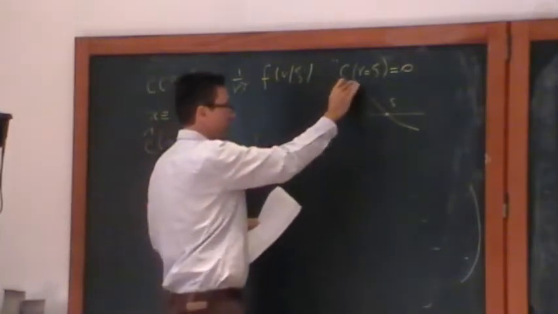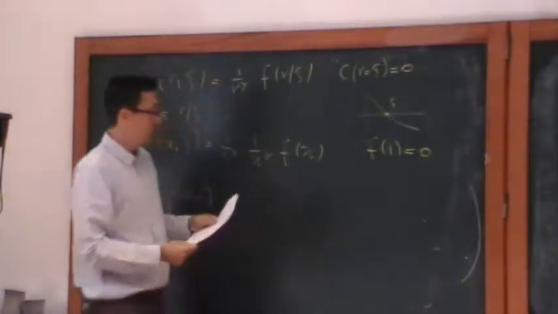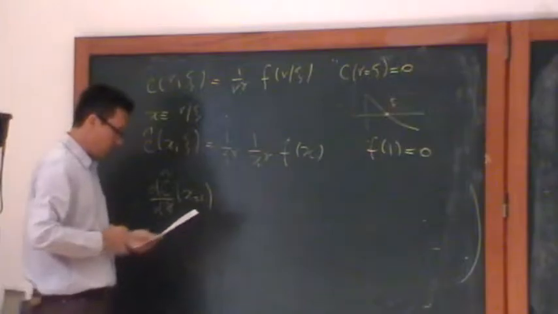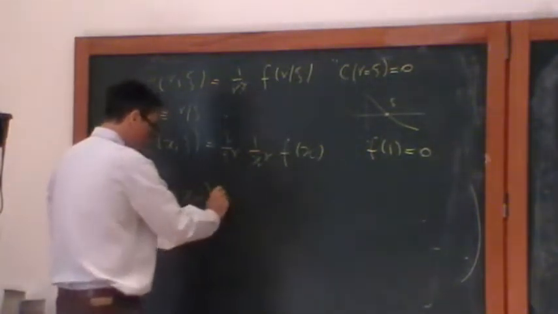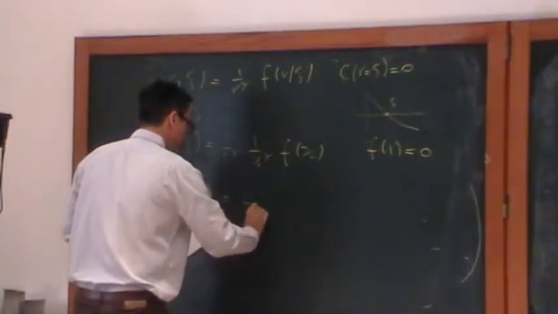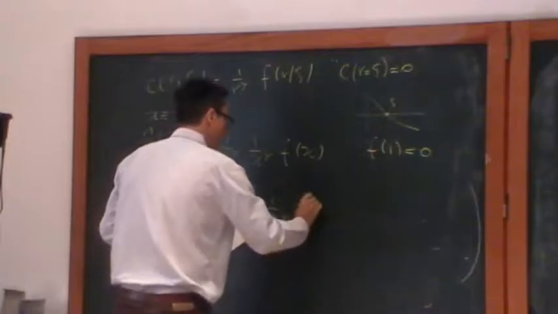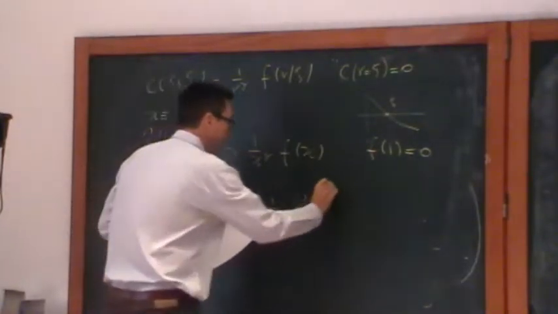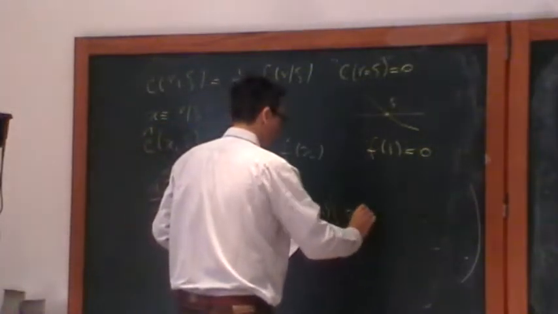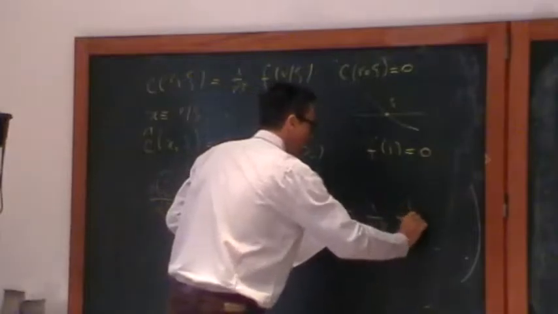So if c of xi is equal to 0, then f of 1 is equal to 0. Then I take the derivative with respect to x, and what I get is 1 over xi to the gamma, x to the gamma, f prime of x. If I evaluate this at x equal to 1, I get 1 over xi to the gamma times f prime of 1.